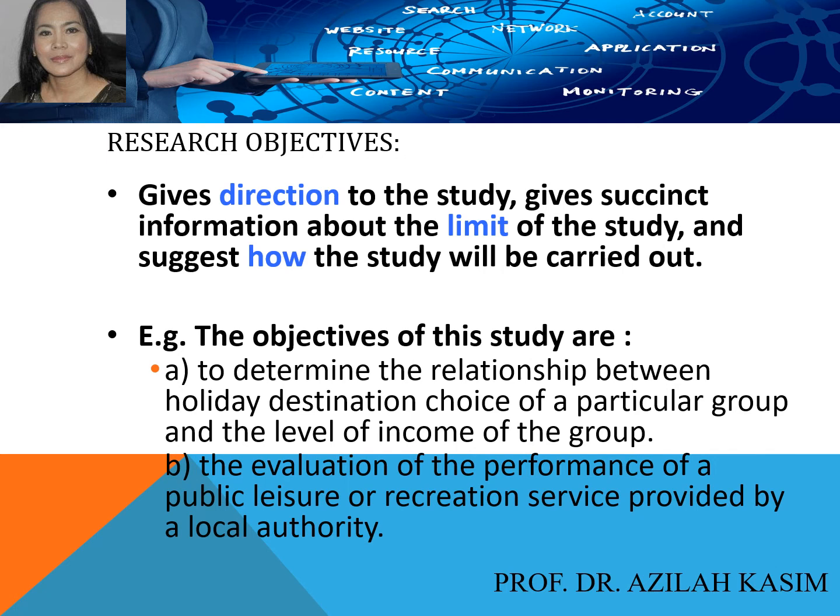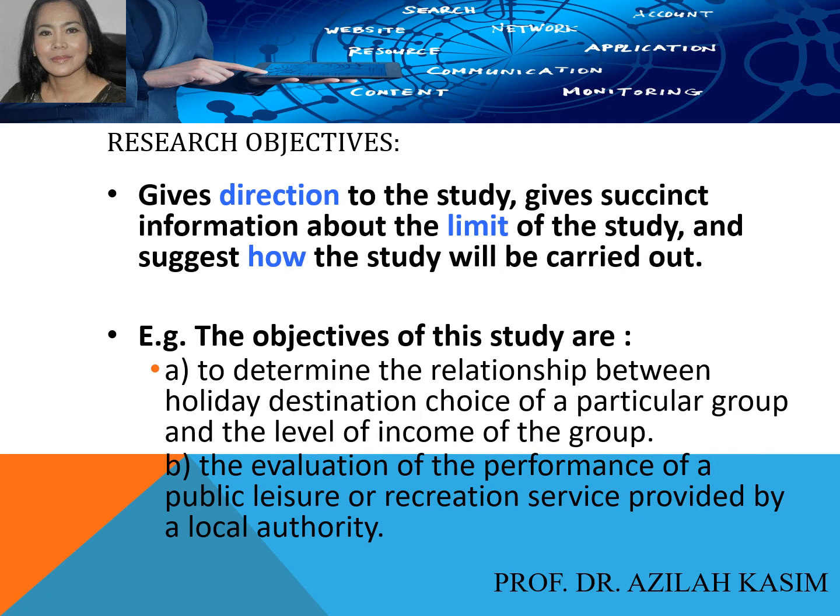I have an example here that you can probably look at. The objective is to determine the relationship between holiday destination choice of a particular group and the level of income of the particular group.